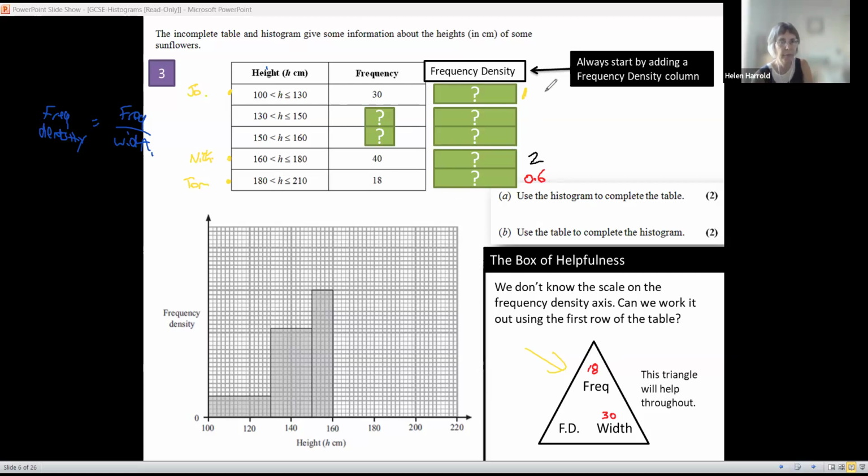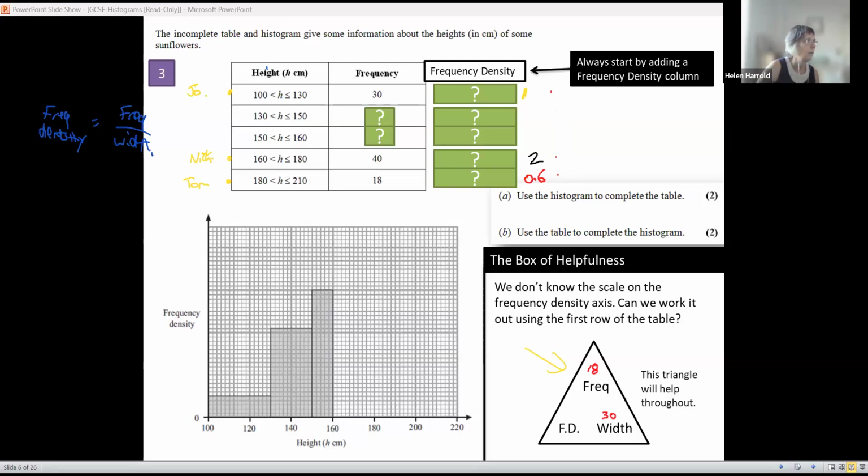So does it make sense where these come from? Because the next bit's more difficult. So if this bit doesn't make sense, the next bit's not going to make sense. So tell me, people, is that confusing or okay, makes sense? Other people?